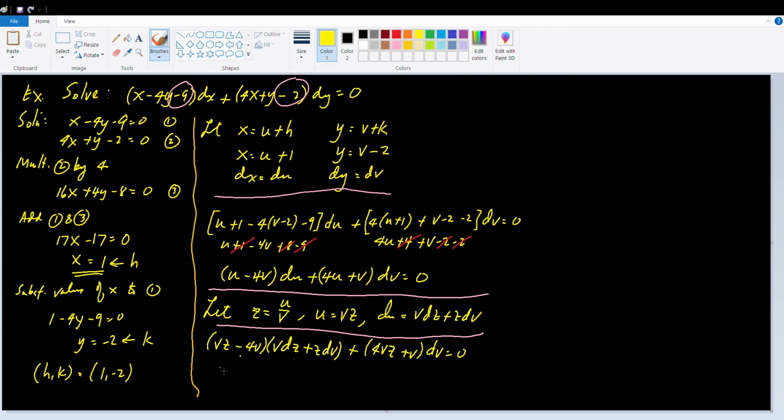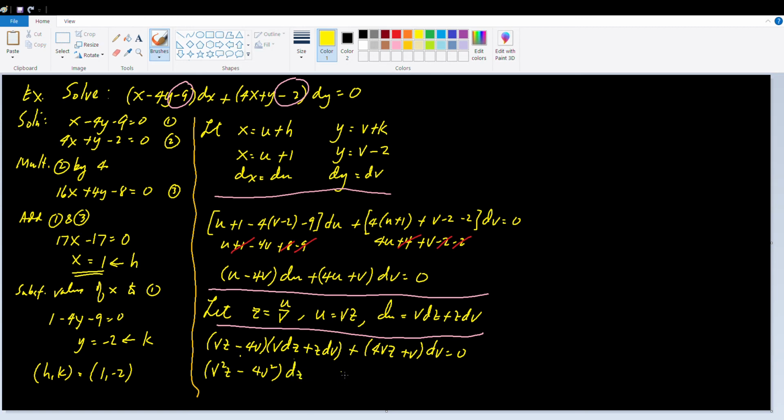v squared c minus 4v squared quantity dc, right?